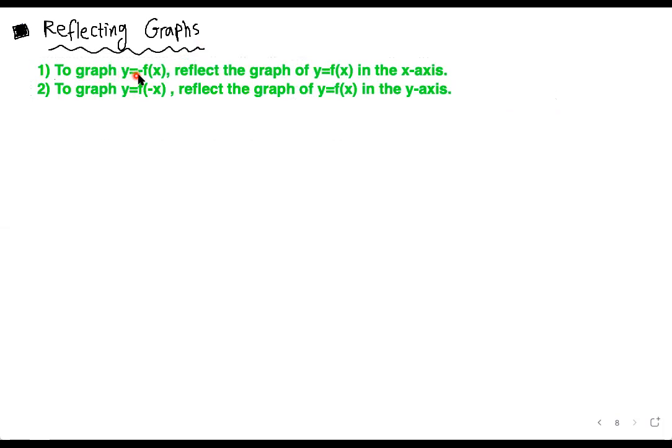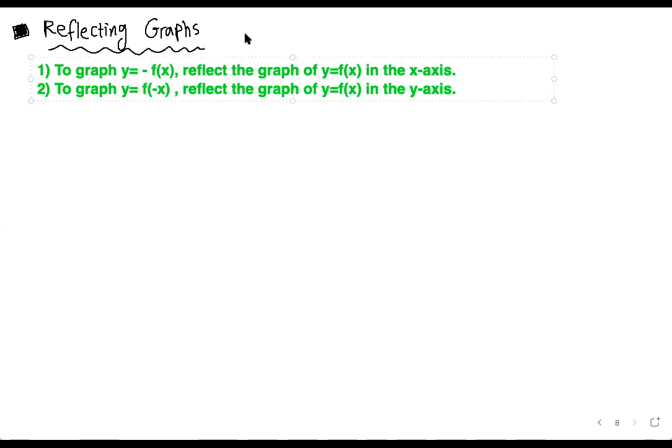So to graph the function y equal minus f of x, the minus is outside, look. We reflect the original graph y equal f of x around the x-axis. So if the question asks me to graph the function minus f of x, I have to graph the original function, then I have to reflect it around the x-axis. Why around the x-axis? Because the minus is outside the function.